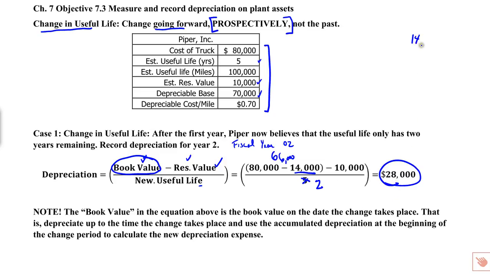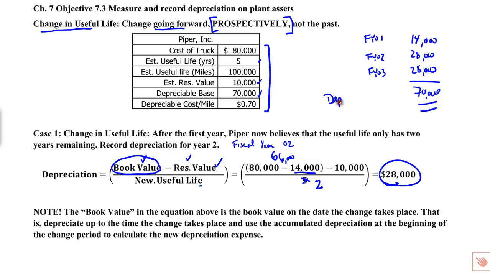So we have a total of 70,000 of depreciation across fiscal year 01, fiscal year 02, and fiscal year 03. So we go 28,000, 28,000, so that's 56, plus 10 is 66, plus 14 is 80,000.